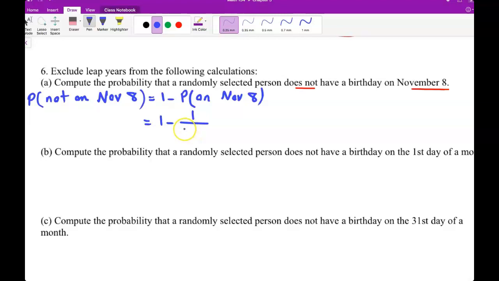And in total, how many days do we have in a year? 365. Okay, rounding it, that is the answer.